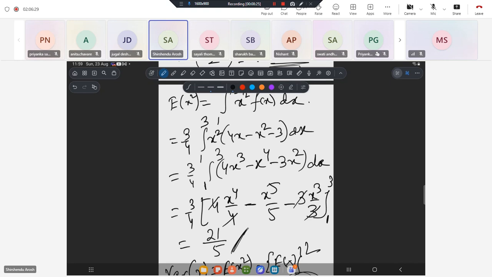That's how you have to calculate the mean and the variance for the continuous variable. So we know how to find out the PDF, and how to check that it is a PDF.